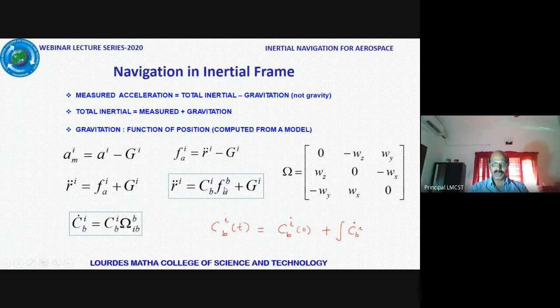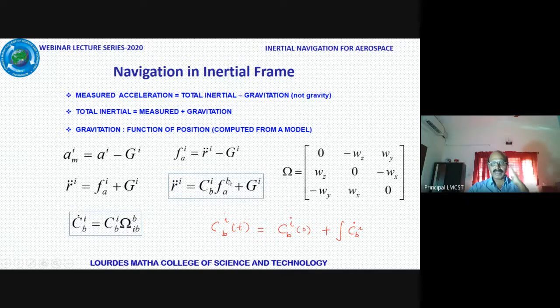So the accelerometer, which is measuring the specific force F, that is acceleration, is coordinatized in the body axis system.